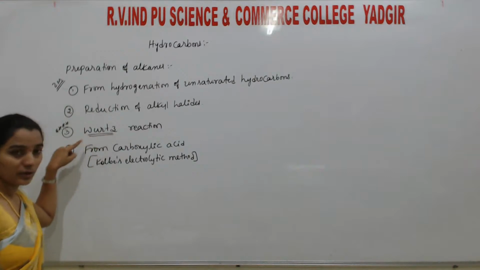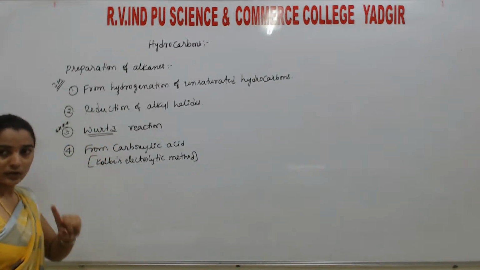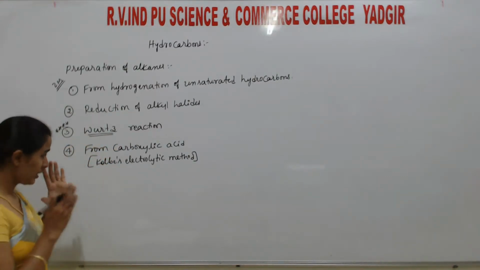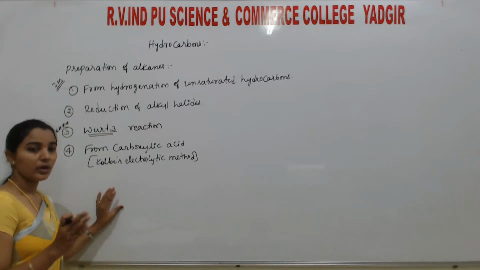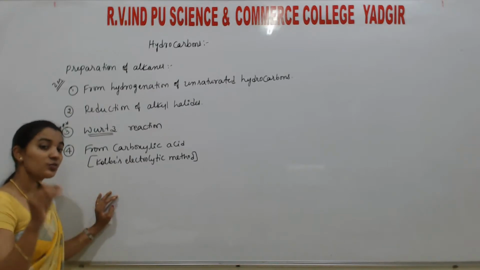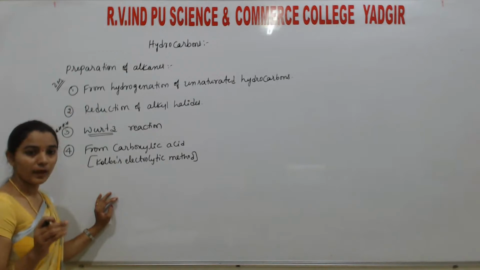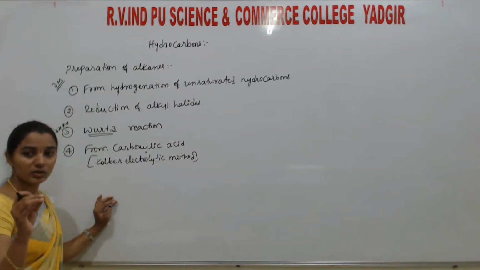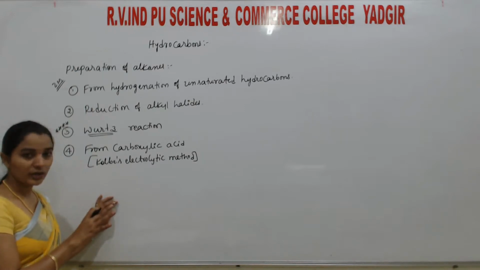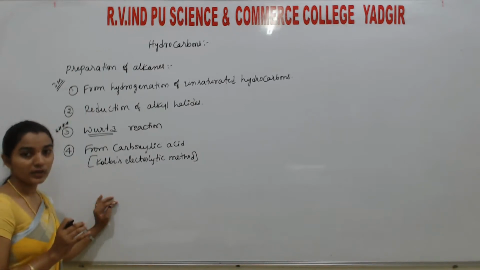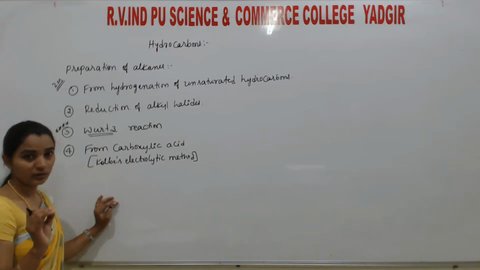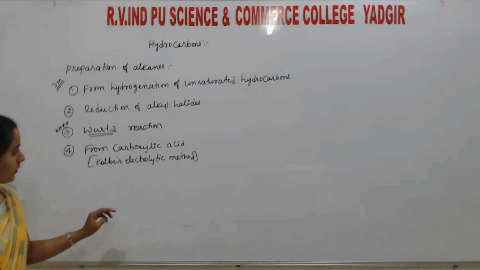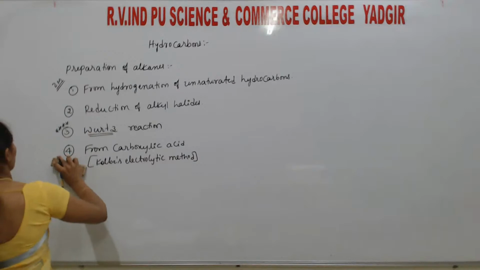Understood? Keep in mind, this is a very important chapter. I am not telling it is tough. It is very important. It consists of only reactions. Very easy. Once you know the general reaction, that is quite easy to understand. So we will discuss one by one.